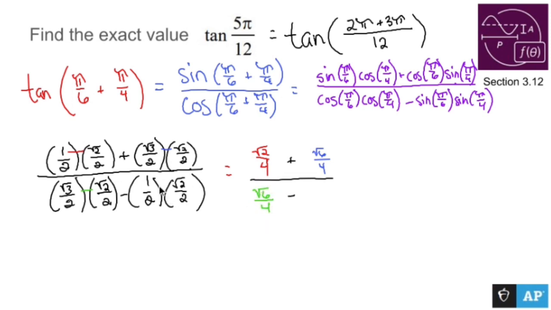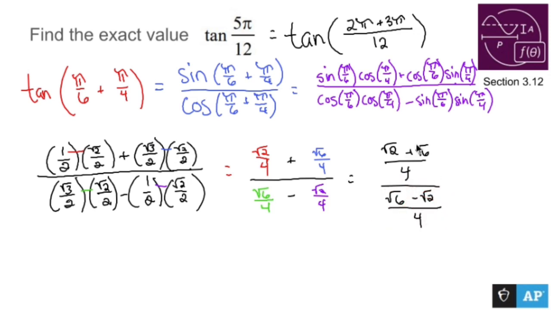And 1 times root 2 is root 2. 2 times 2 is 4. So they combine nicely. Root 2 over 4 plus root 6 over 4 is root 2 plus root 6 over 4. Root 6 minus root 2 over 4.